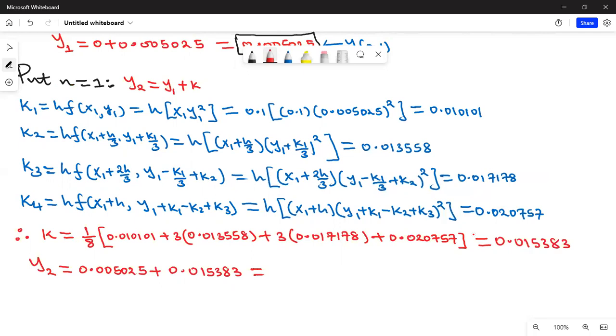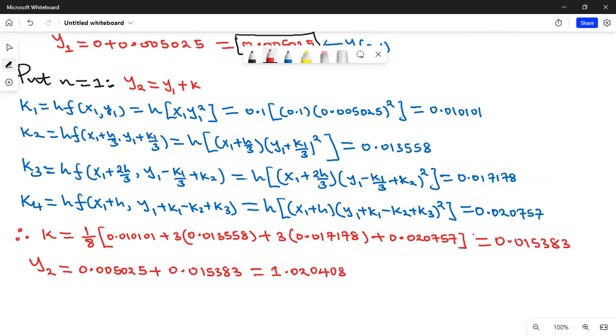You need to get the value of y2 to be 1.02020408.